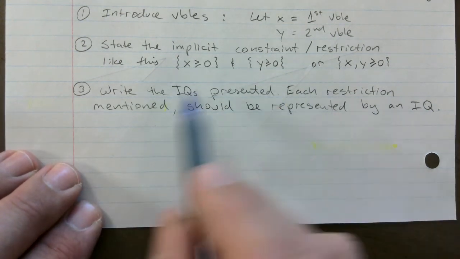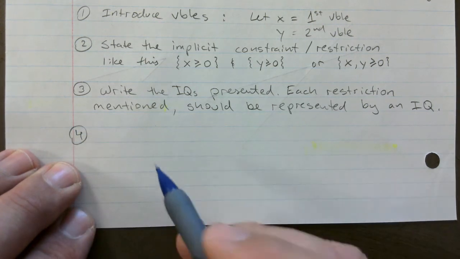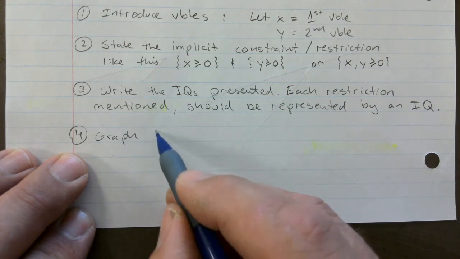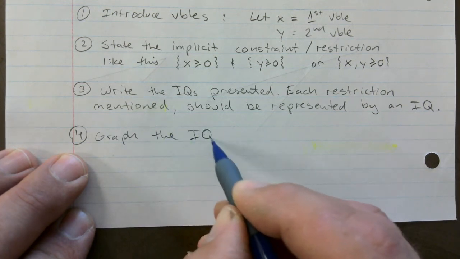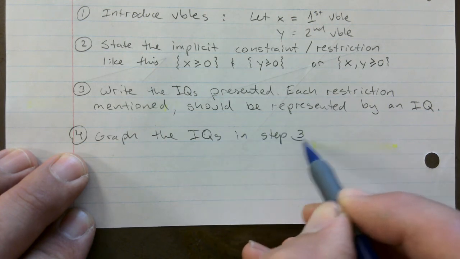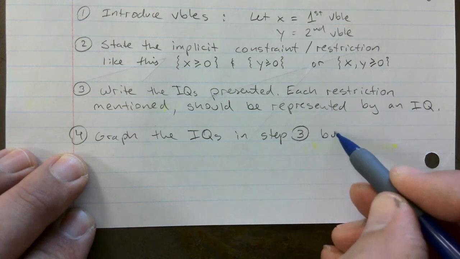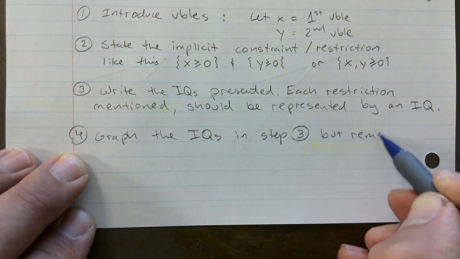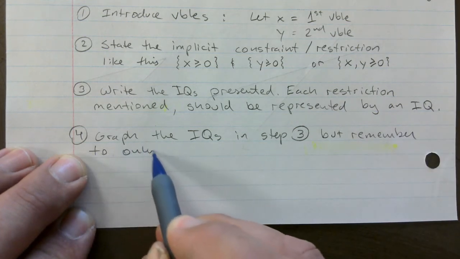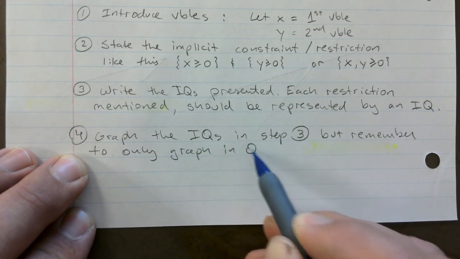I will sometimes use a chart, but not always, for graph the inequalities in step 3. But remember to only graph in quadrant 1.